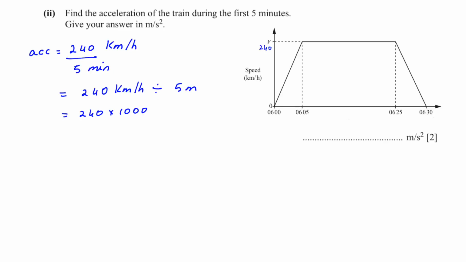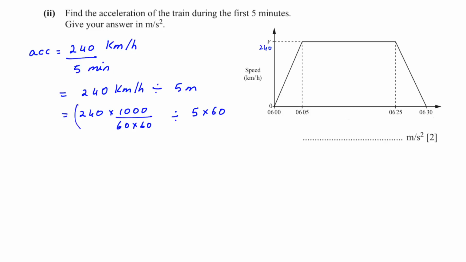So multiply by 1000, divide by 1 hour, and we want to change it to seconds, so 60 multiplied by 60. 60 minutes multiplied by 60 will give us the seconds. Divided by 5 minutes, again we multiply by 60 to turn it into seconds.